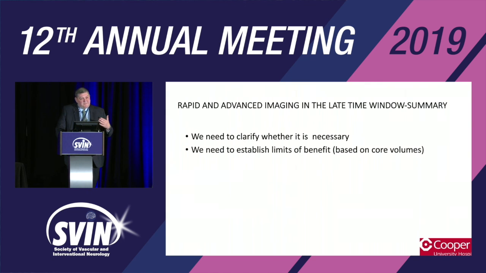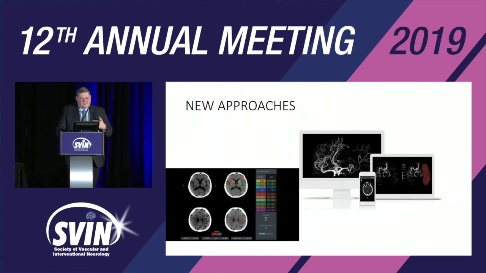And then we have a lot more work to do because we have these giant treatment effects in DAWN and DIFFUSE-3. We clearly can go lower in terms of baseline core volumes, and that is something that we need to establish further in future trials. So I think I'm sort of optimistic. There are new approaches with rapid, with a lot of other post-processing software products that were mentioned here.